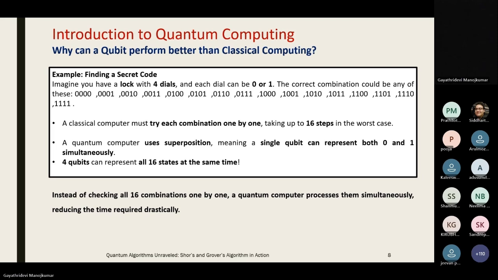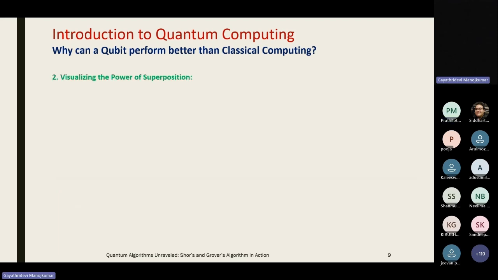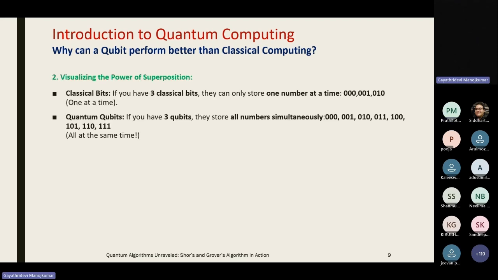The next one is visualizing the power of superposition. For example, if we are talking about three classical bits, they can only store one combination at a time. For example, as per the previous example, we can have 000, or 001, or 010 at a time.